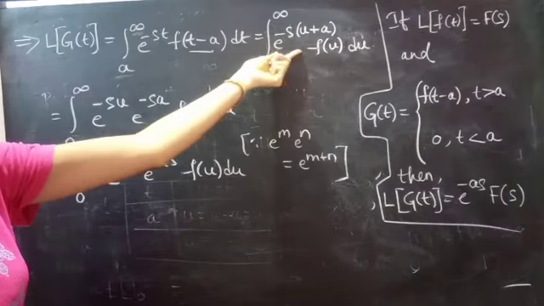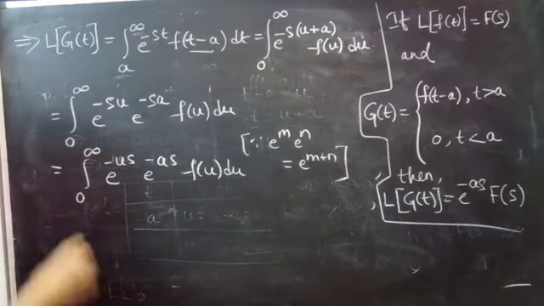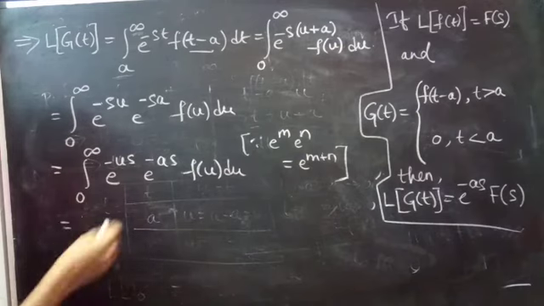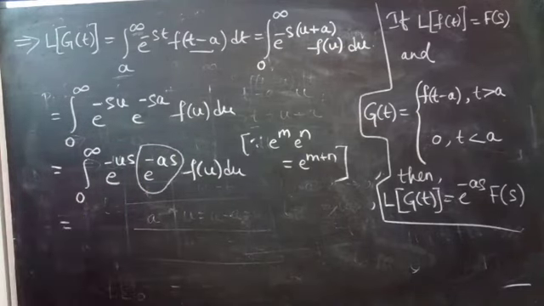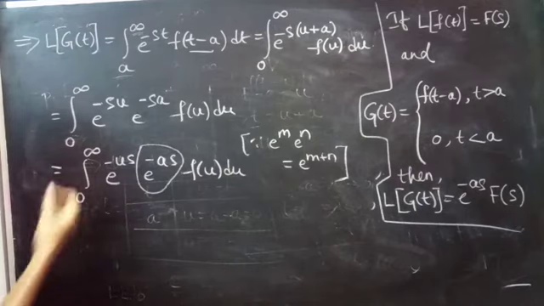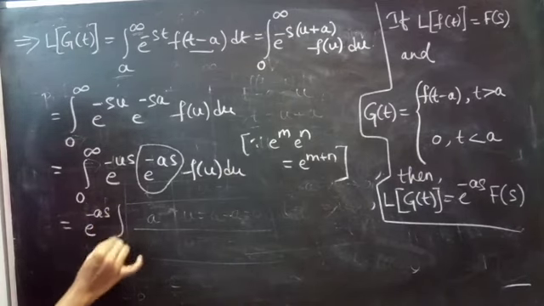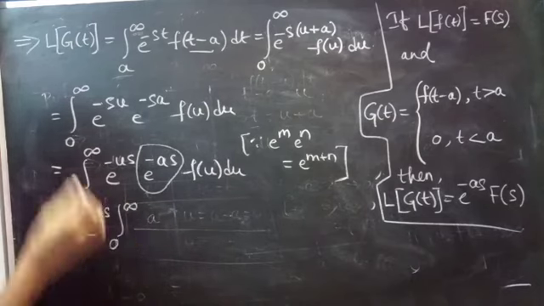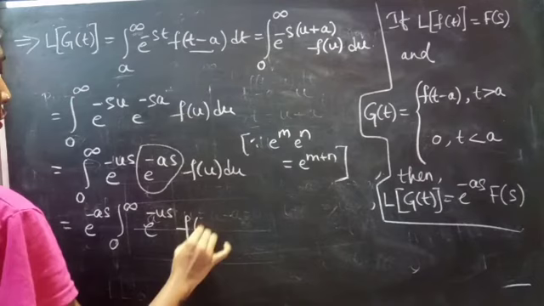Here e power minus as is your constant, so you can take it outside the integral. Then you'll get e power minus as into the integral from 0 to infinity e power minus us into f of u du.